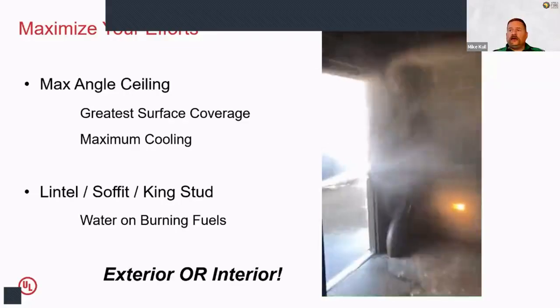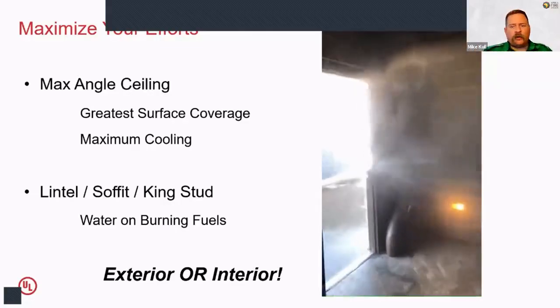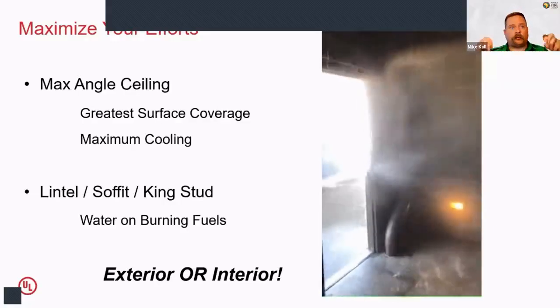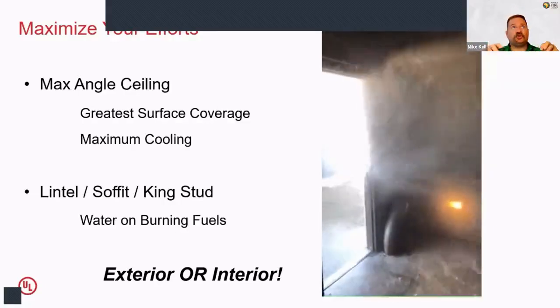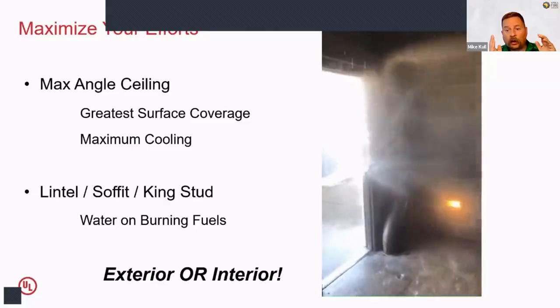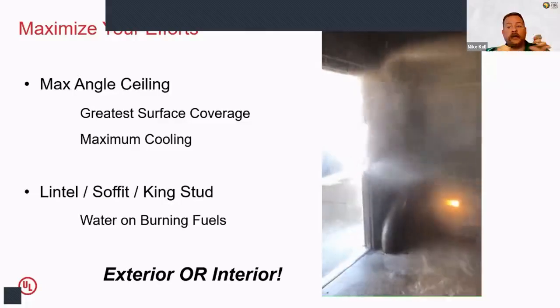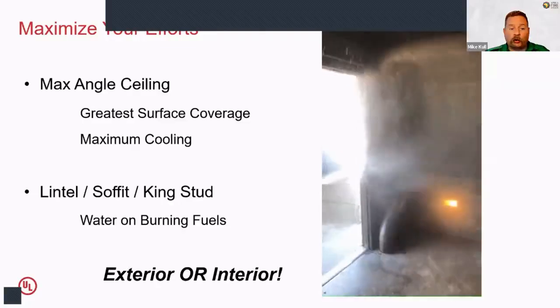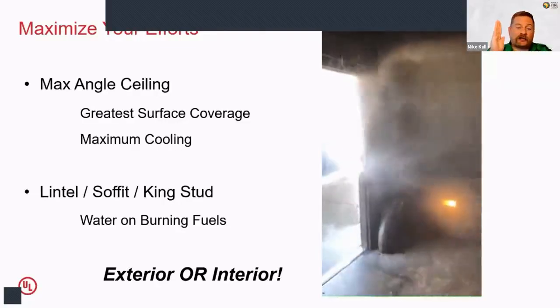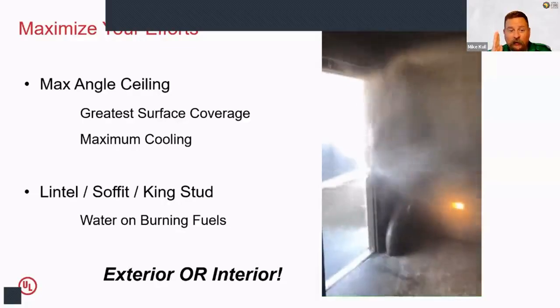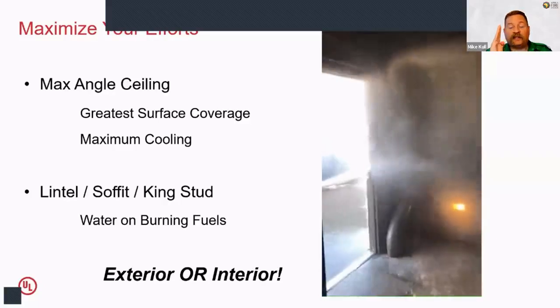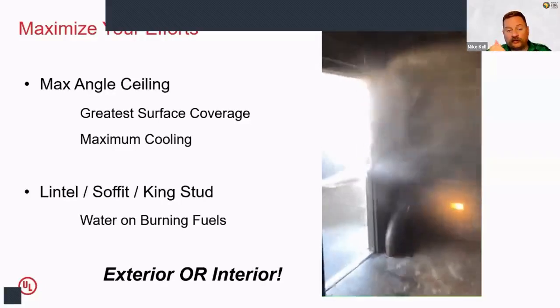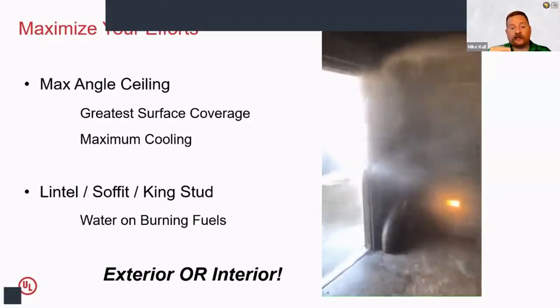So now that we know that, how do we maximize our efforts when we're applying that water to the building? What it's telling you here is direct your water at the steepest possible angle that you can to the ceiling. That's going to give you the greatest surface coverage and maximum cooling.